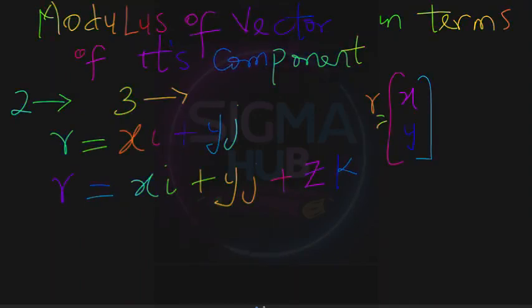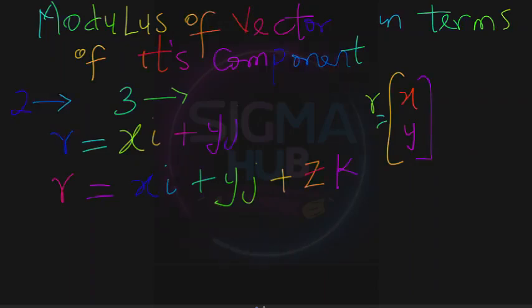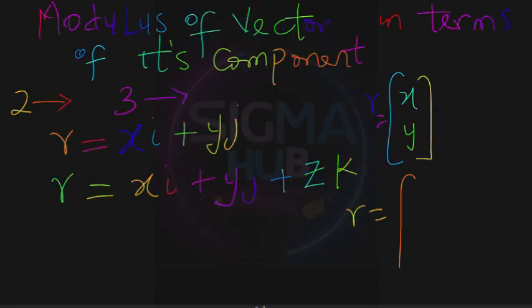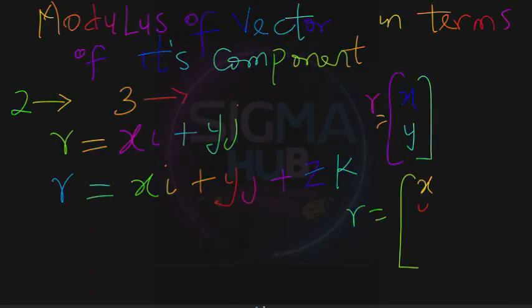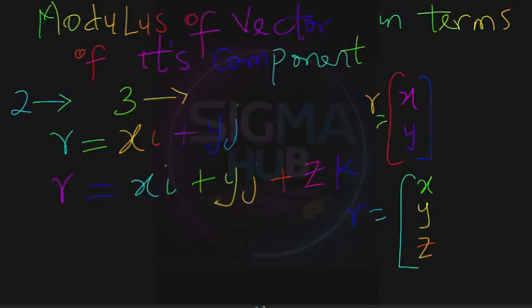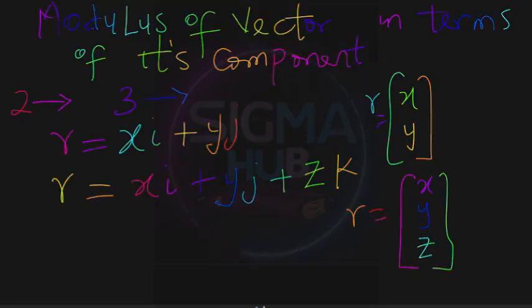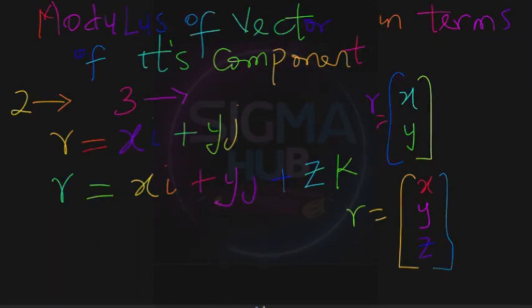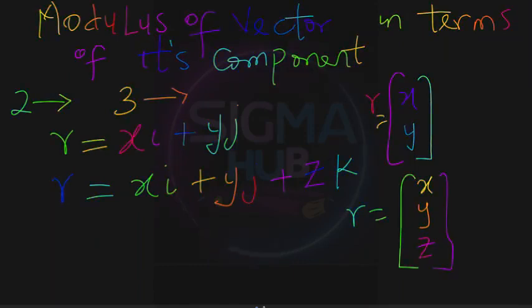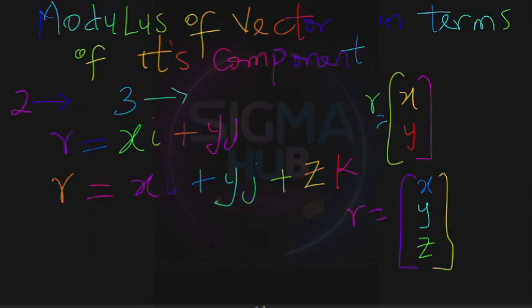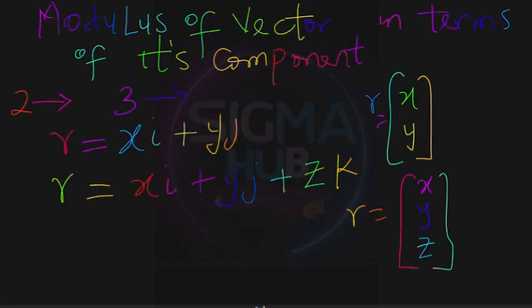Then we have a three-component vector in column vector, which is written as R equal to x, y, and z, like this. So these are the ways that we write component vectors, either in two components or in three components.